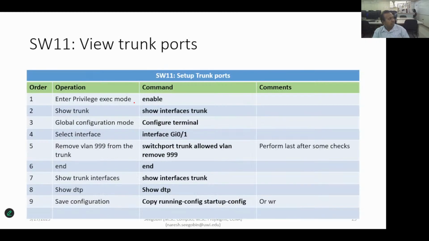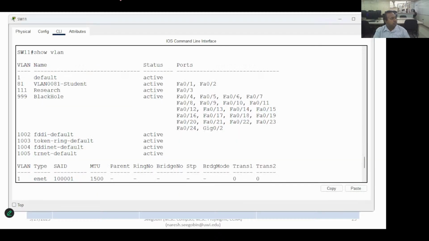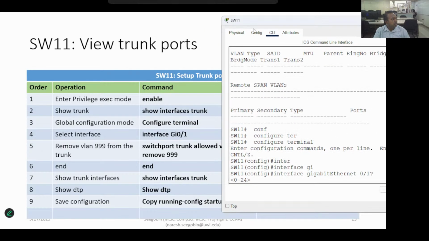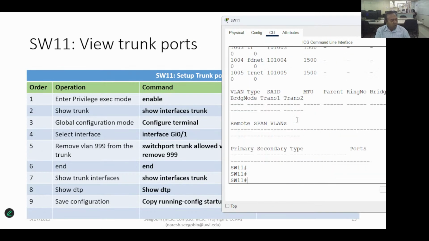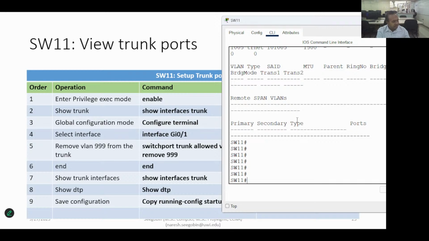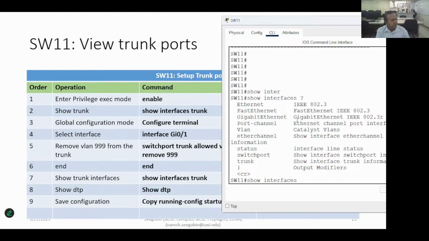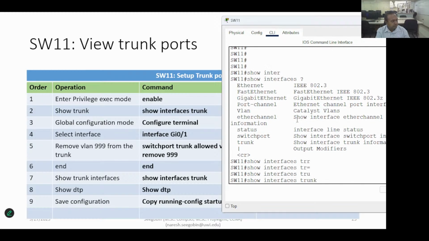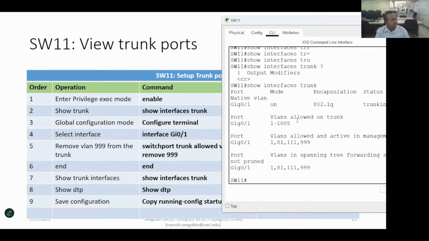Right, so we show VLAN. Right, so the next thing is, okay, great. If we do a show VLAN, how can you tell it's a trunk port? So this is what we're going to do. We're going to do show interfaces trunk.